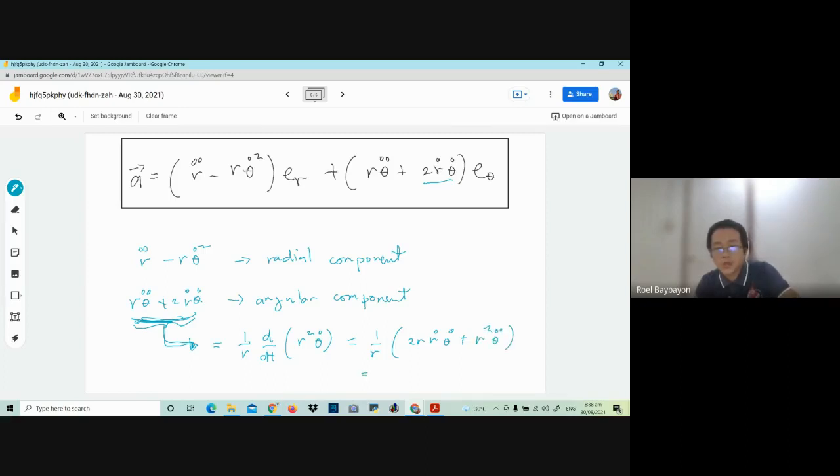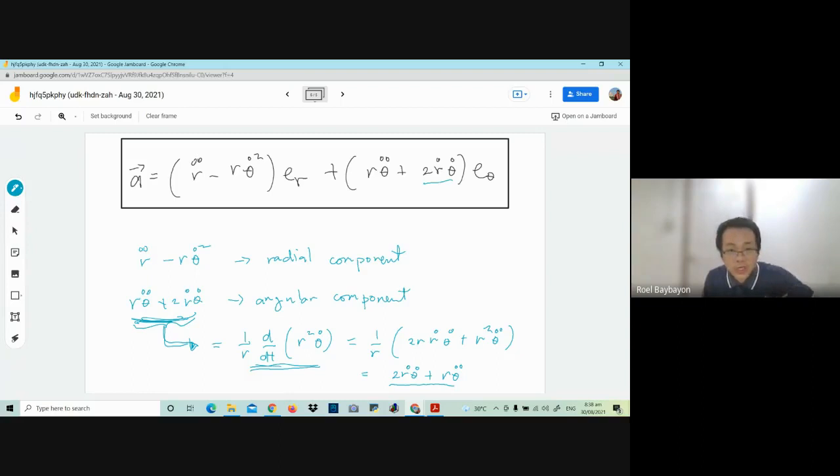So this is equal to 2 r dot theta dot plus r theta double dot. So they are the same. Why I emphasize this: later when we get to Kepler's law, magamit nato ni nga identity. Okay?